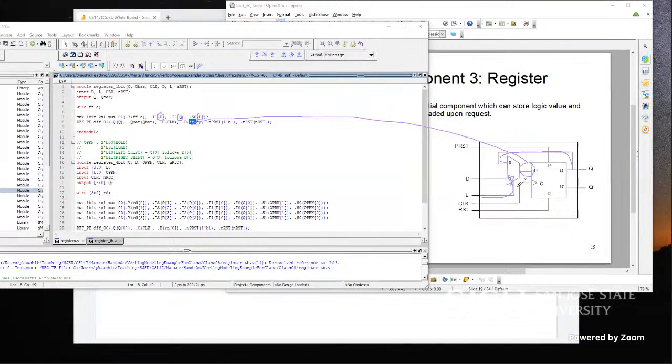And the clock is coming into that, and negative edge reset is also coming into that.